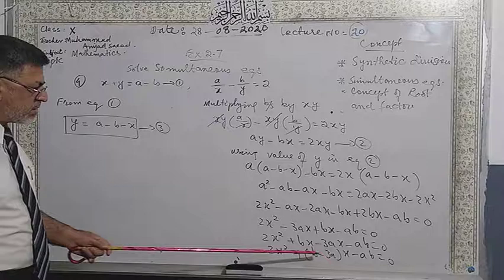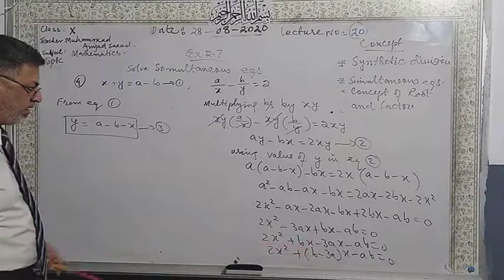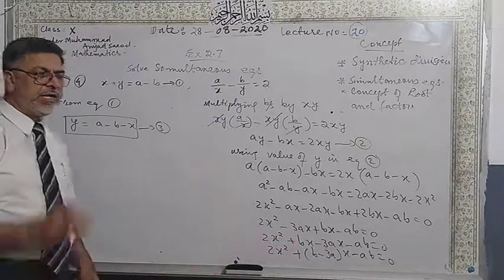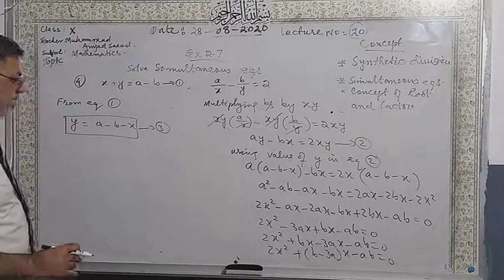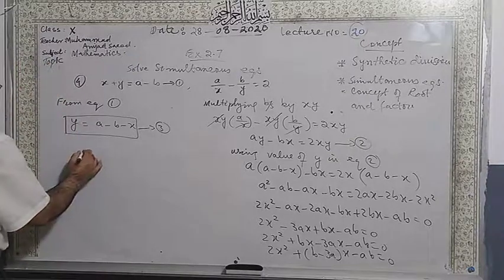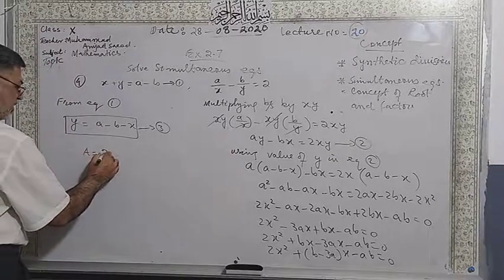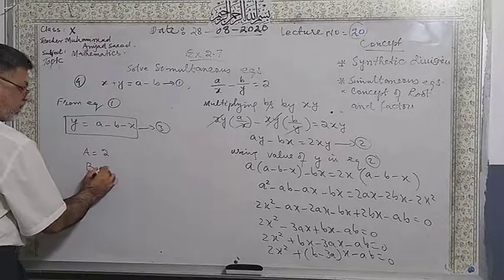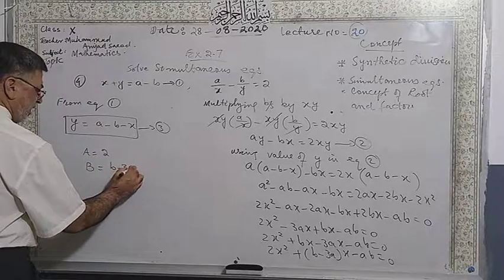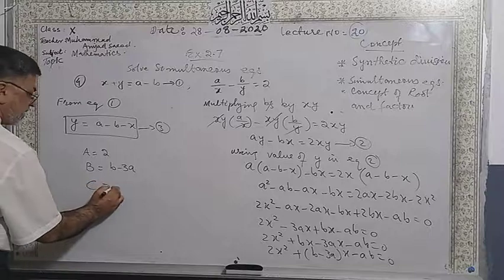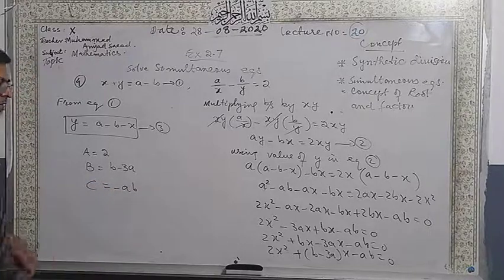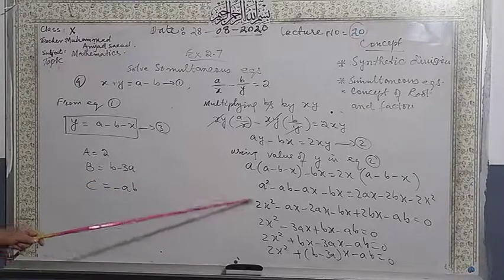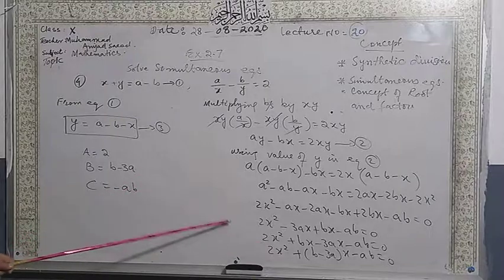Because small a and b are involved here, it is better to express your constants as capital letters. Suppose capital A is equal to 2, capital B is b minus 3a, capital C is minus ab. I'm using the quadratic formula to solve this equation.